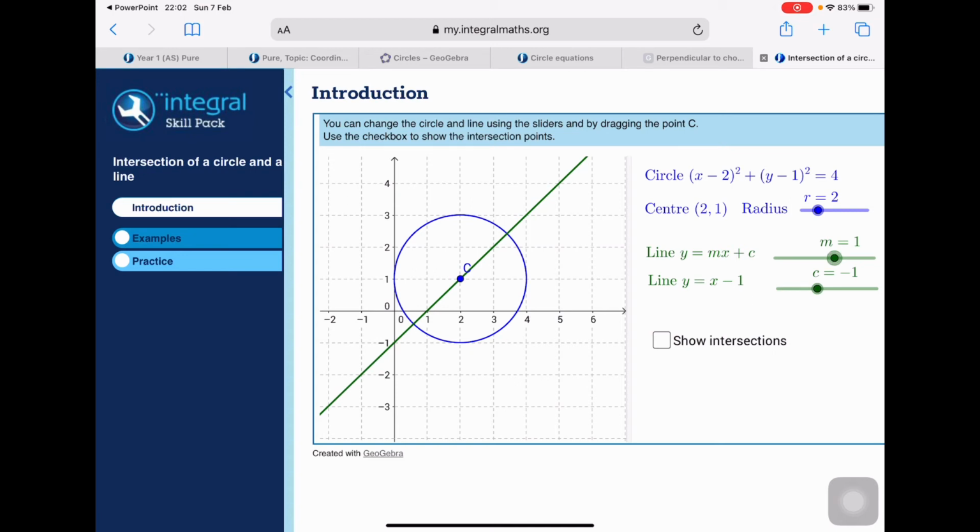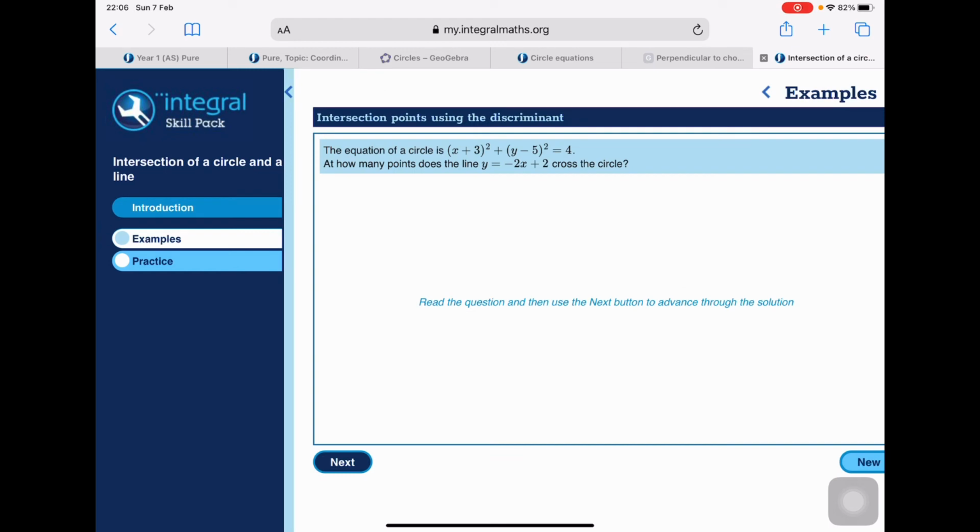There's also another situation whereby we don't have any points of intersection between the circle and the green line. So here we have 2 points of intersection, here we have no points of intersection, but we could move it around so that the line is a tangent to the circle. I haven't done it, but there will be situations where the green line will be a tangent to the circle.